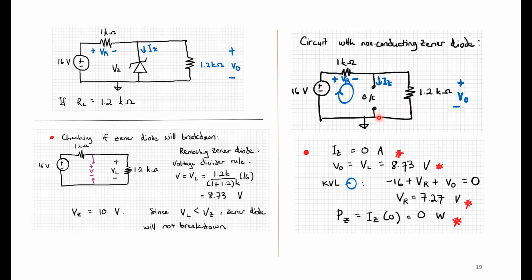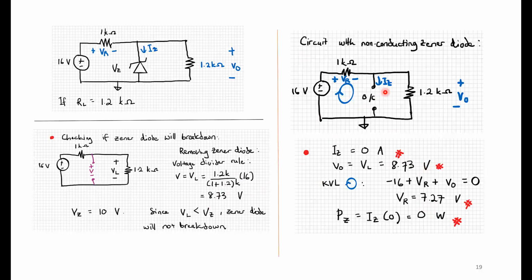We do KVL around this blue loop to find VR. So we have negative 16 plus VR plus Vout equals 0, and Vout is the value that we calculated previously, 8.73 volts, so VR is 7.27 volts.